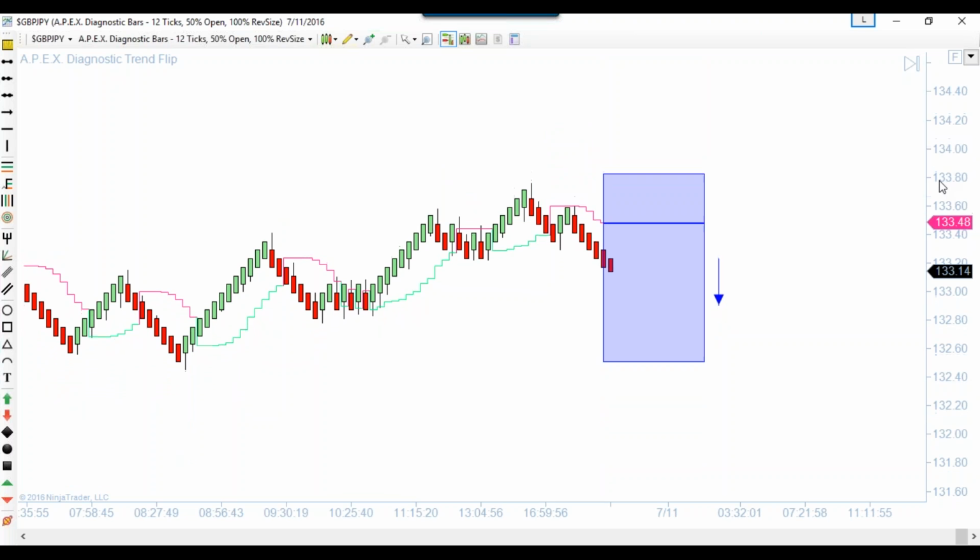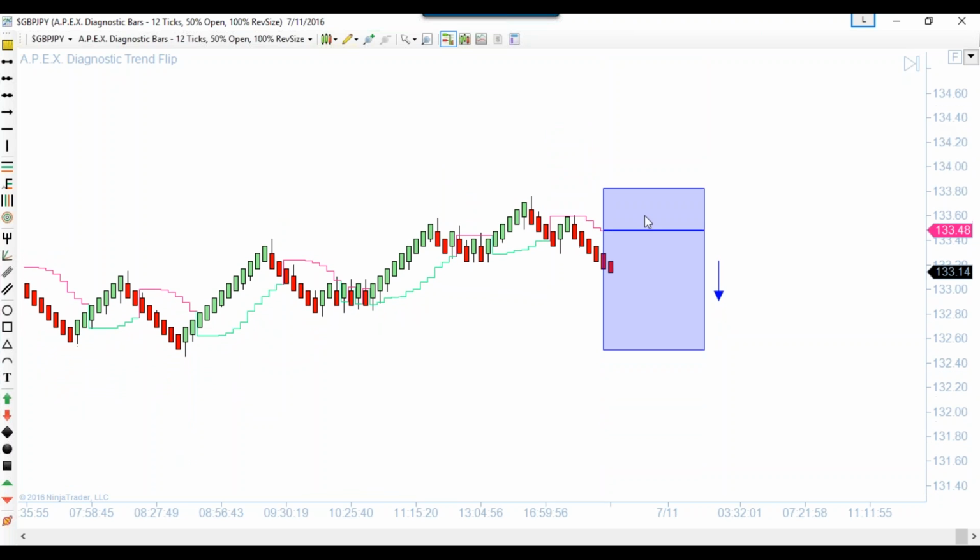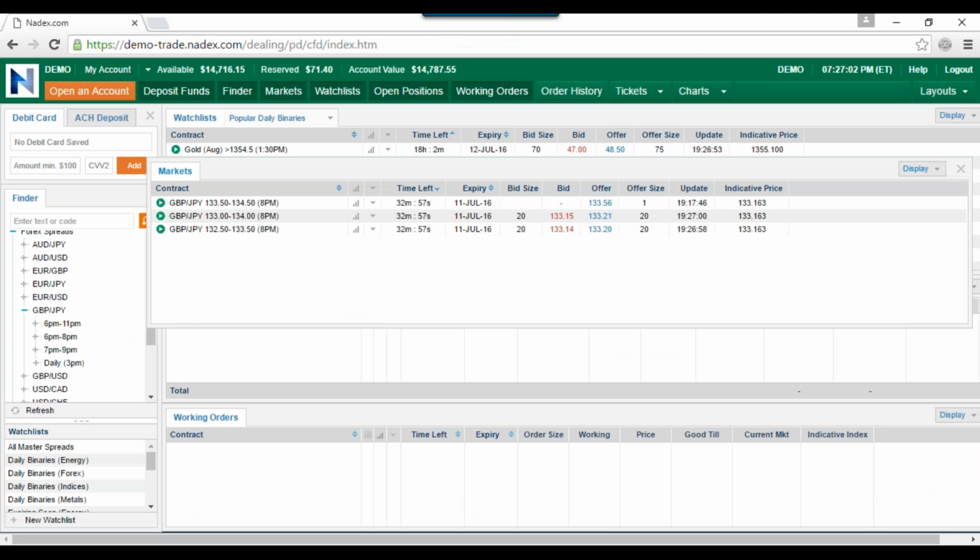I think you know where I'm trying to show you, but let's just try to get it right. So we basically have a 100 pip spread, the market was right here at about 6 p.m. We have a 100 pip spread going down, and a 100 pip spread going up. Does that make sense? Everybody see that here? 133.50 down, 133.50 up. And then notice there's one right in the middle.